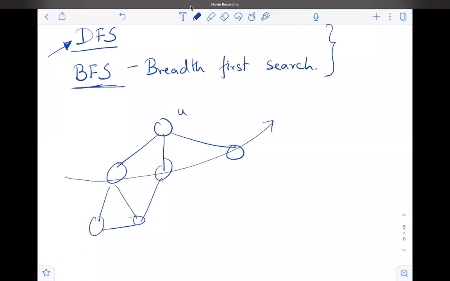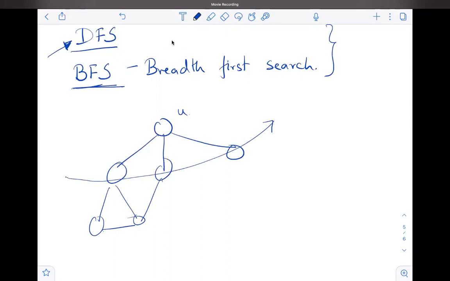Just one query: can these processes be implemented using adjacency matrices as well? The space complexity will be larger. You can still do it using adjacency matrices, but it would be order n square. Anyway, the input is also order n square.